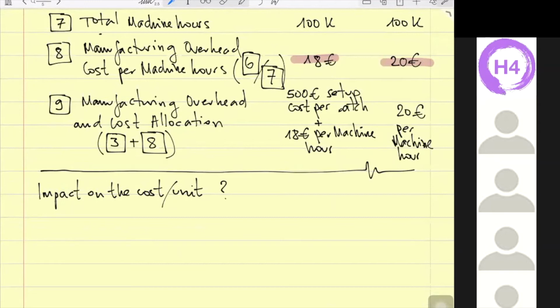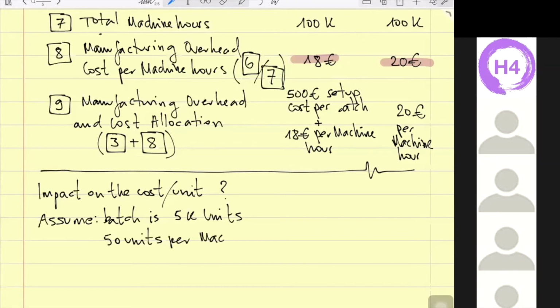So assume that a company manufactures a batch of 5,000 units, and it produces 50 units per machine hour.